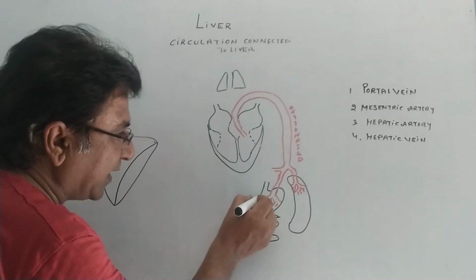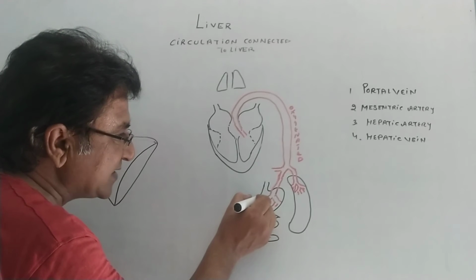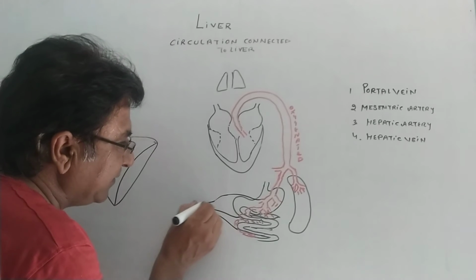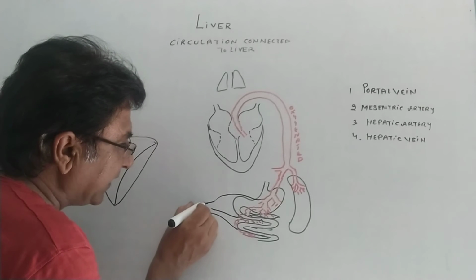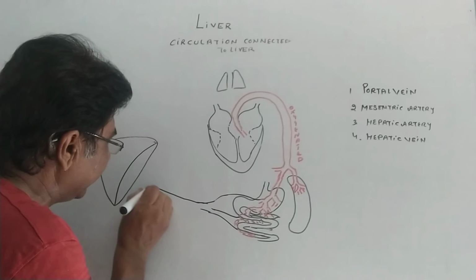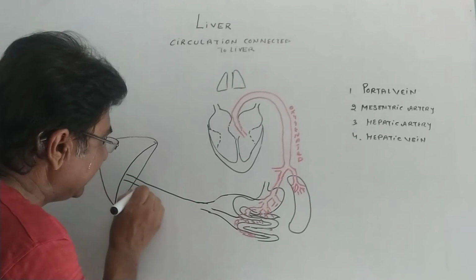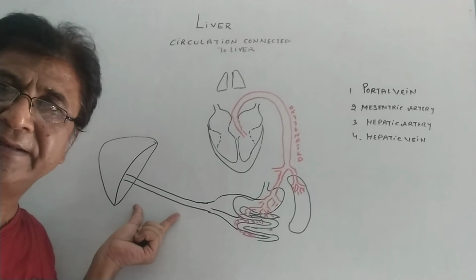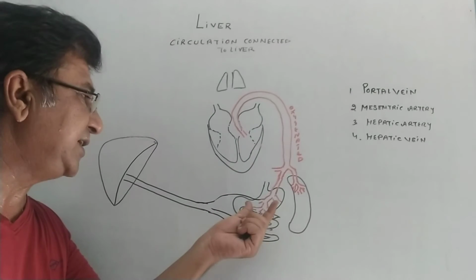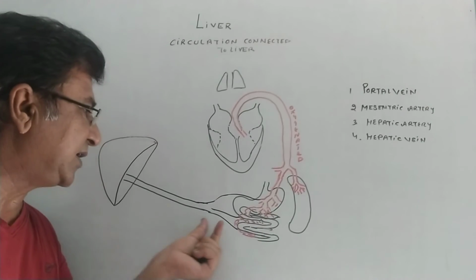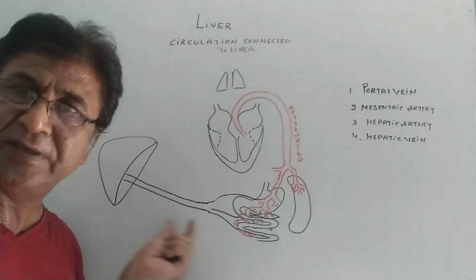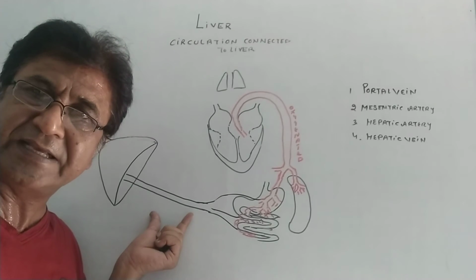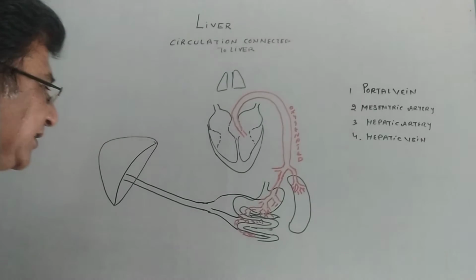From all these parts, what is happening now? Many veins come together collectively and make a single vein and enter into the liver. Why am I saying vein? Because oxygen is already supplied, so this blood which is coming to the liver has a lesser amount of oxygen, or we can say this is deoxygenated blood.